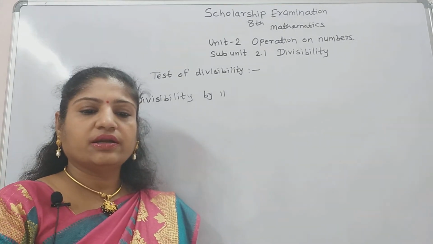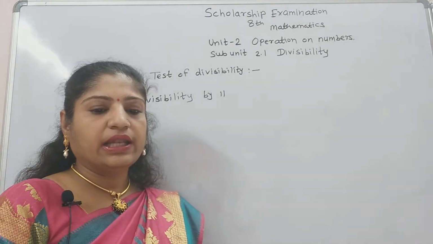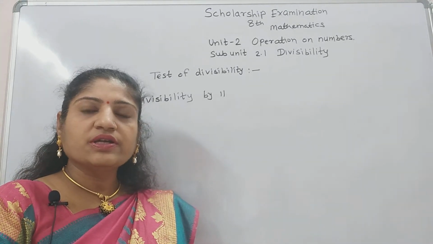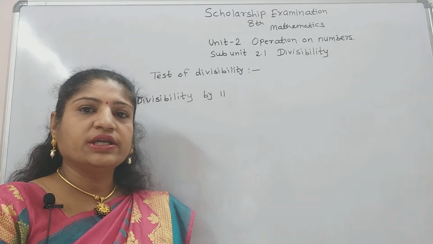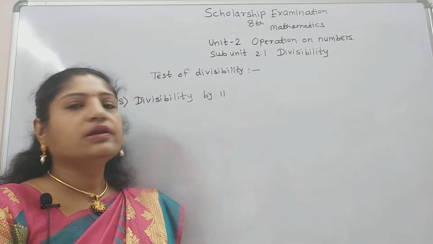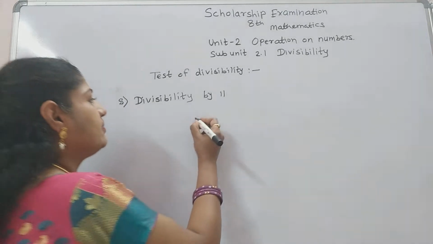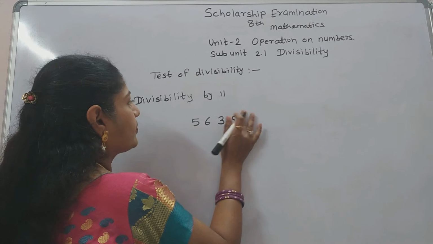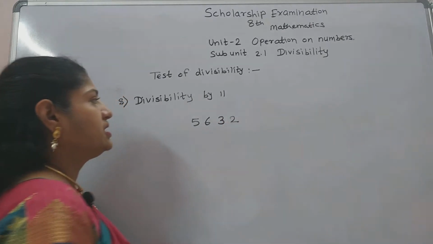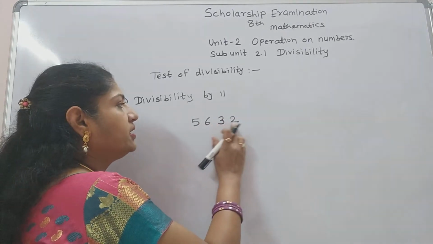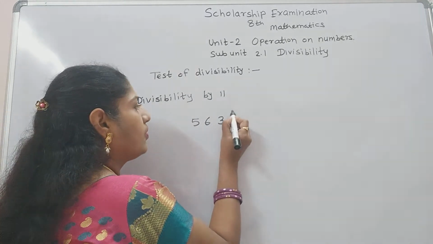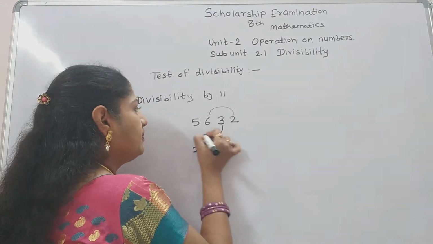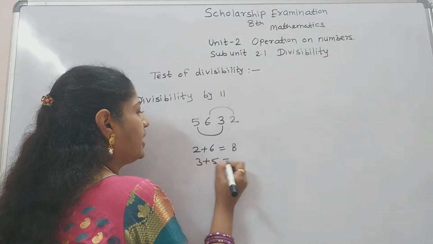Now next test is divisibility by 11. If the difference of the sums of the alternate digits is 0 or 11, then the number is divisible by 11. For example, the number is 5632. Alternate digits: 2 plus 6, that is 8. 3 plus 5, that is 8.